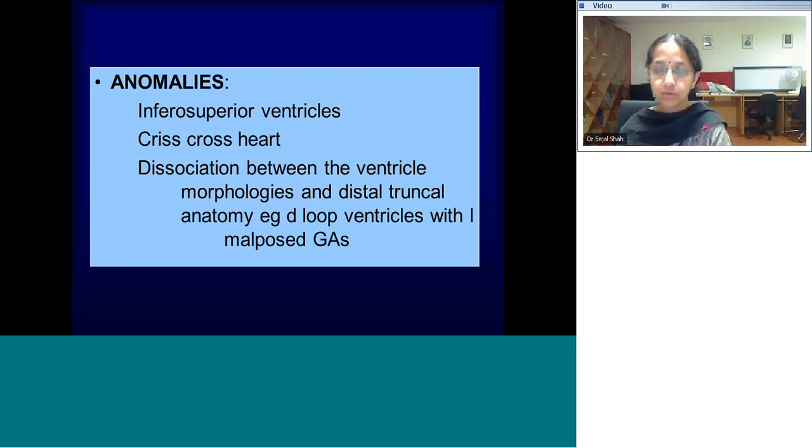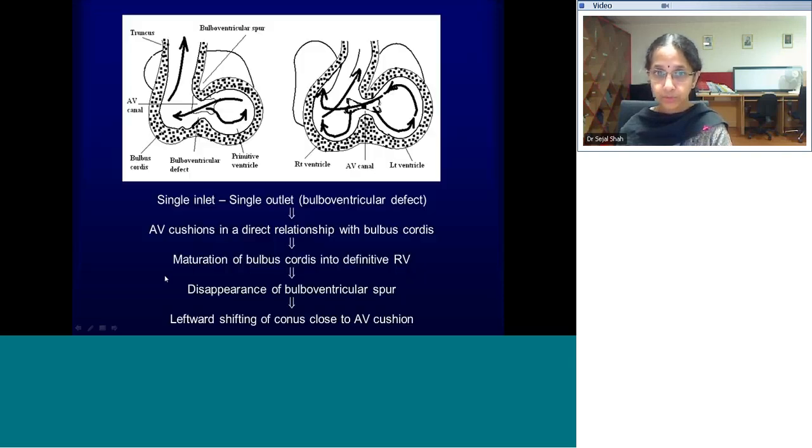That means you can have D-looped ventricles with L-malposed great vessels or L-looped ventricles with L-malposed great vessels, etc. So you have a problem with the atrioventricular concordance and the ventriculo-arterial concordance, in addition to very abnormally positioned ventricles. Now this is the second step, which is the looping of the ventricles.